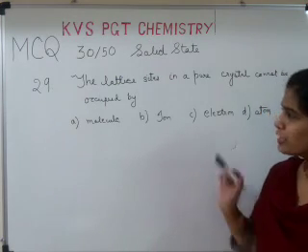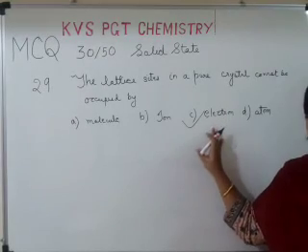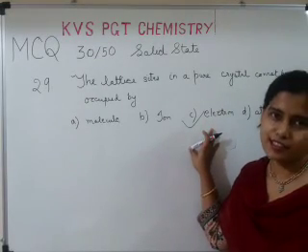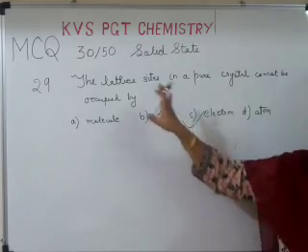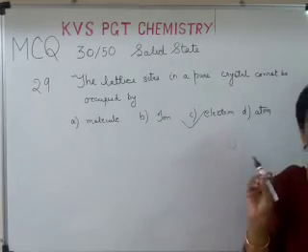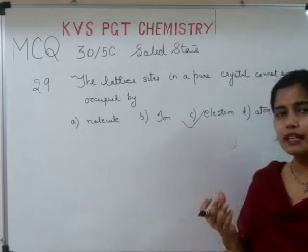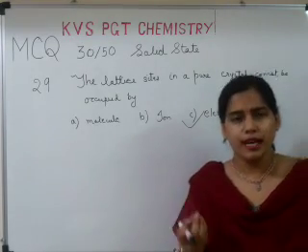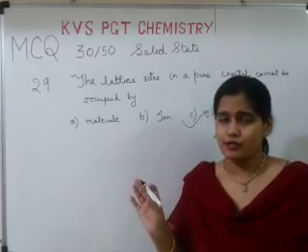No. So the correct answer for this question is electrons. Electrons never occupy the lattice site. They are always present in the interstitial sites, right children? So lattice sites in any pure crystal, they are occupied by their constituent particles, say atoms. It may be ion, it may be a molecule, but it never be an electron, right?